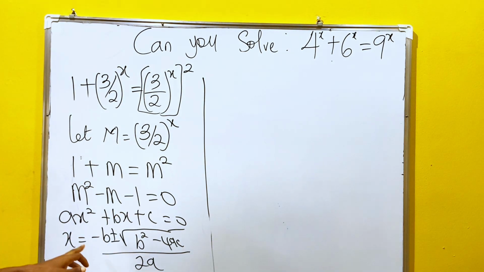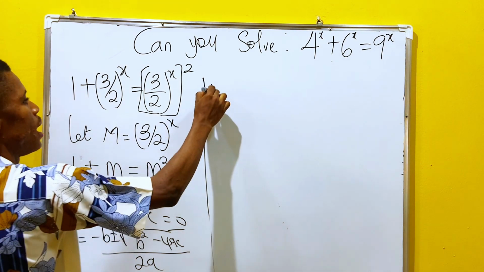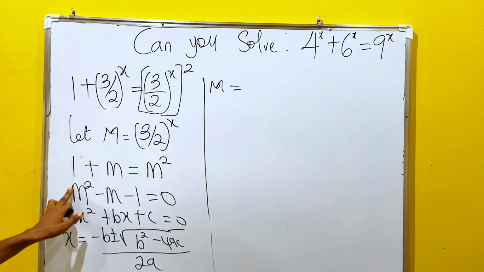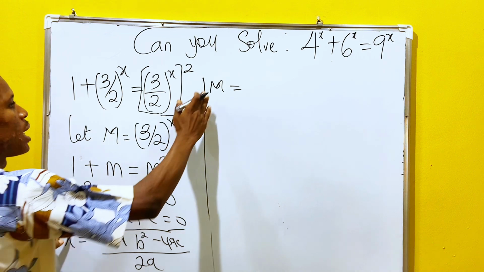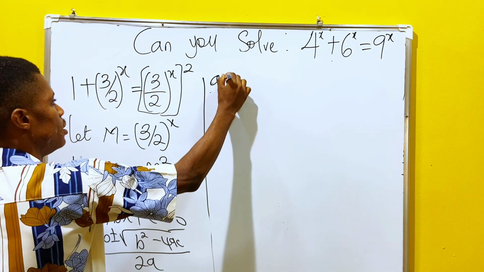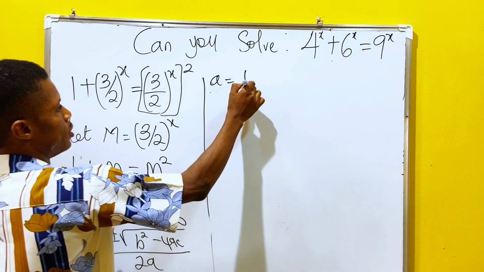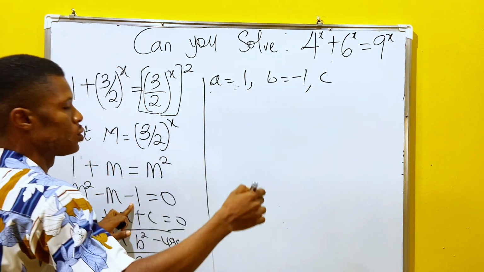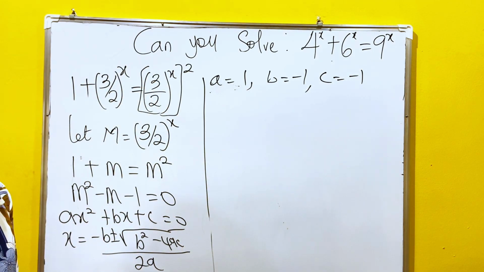A is the coefficient of x squared, b is the coefficient of x, and c is the constant. From here, you can see that the coefficient of m squared is 1. So we can now say that our a is equal to 1, our b is minus 1, and our c is also minus 1. So let's put it in the formula.